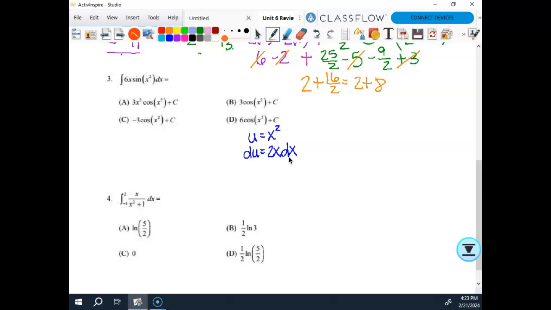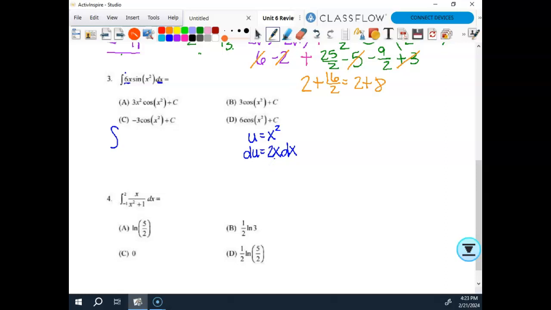All right. And then I can go ahead and I don't need to worry about my limits of integration, the numbers here, because there aren't any, so that's totally fine. So I have this. Now I'm going to say this is going to be the integral. Well, this is 6x, this is dx, this is 2x.